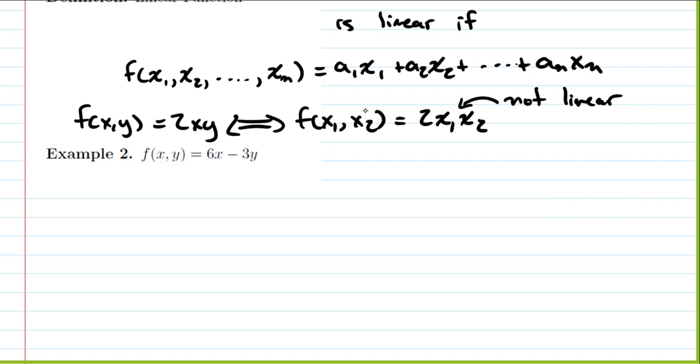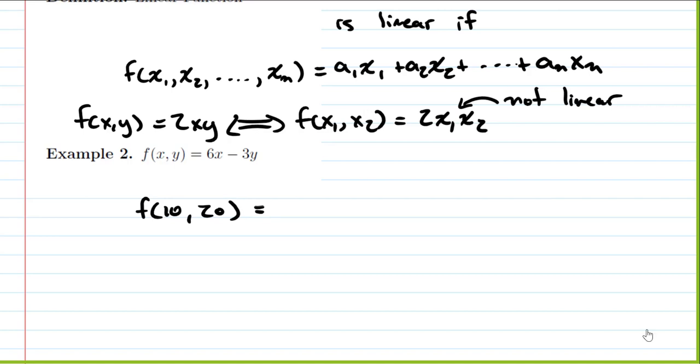So let's go ahead and evaluate a couple of things. So if I were asked then, I want each of you to take example number 2, and I want you to find f of 10, 20. Evaluate that and see what you get. So what is f of 10, 20?